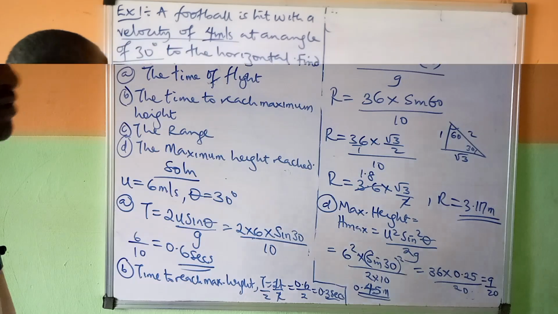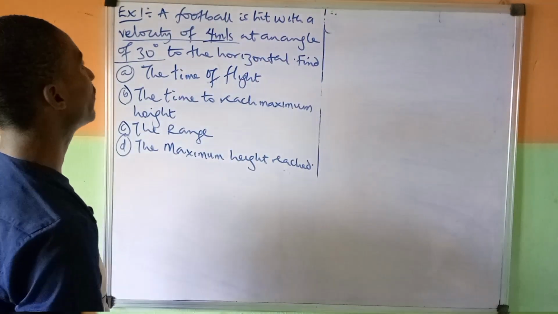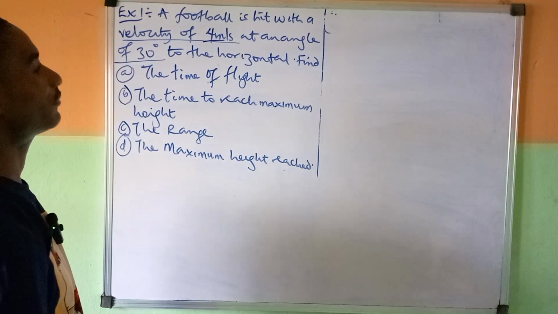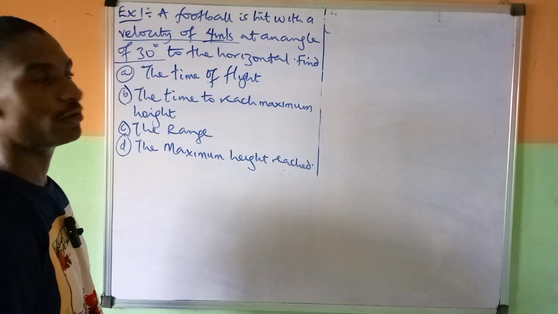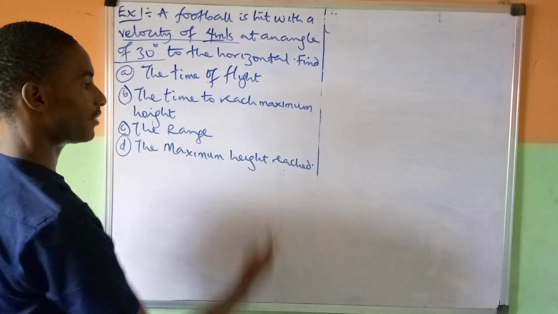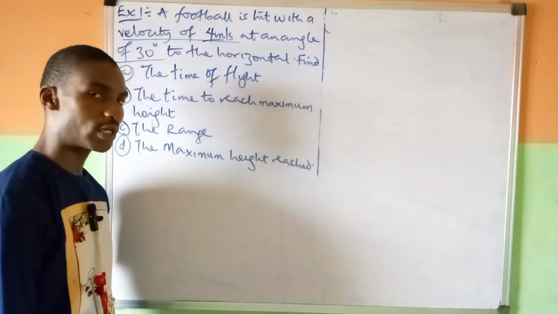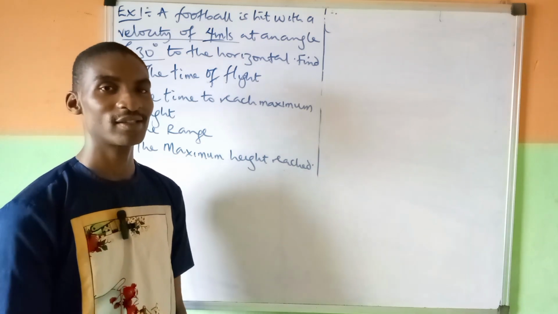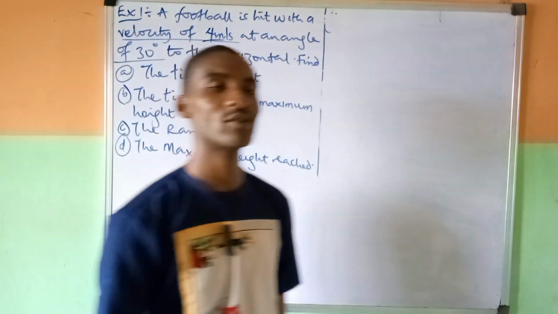A football is hit with a velocity of 4 meters per second at an angle of 30 degrees to the horizontal. Find the time of flight, the time to reach maximum height, the range, and the maximum height reached. Just go to the comment section and type your answers, and I'll be back to check to be sure that you understood the topic.